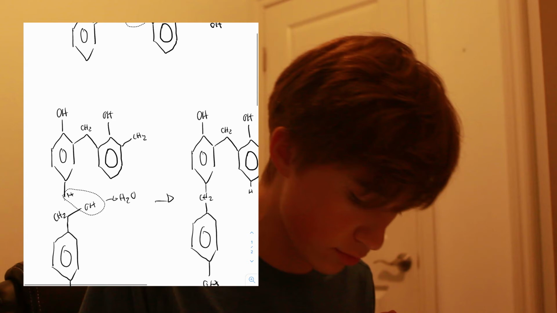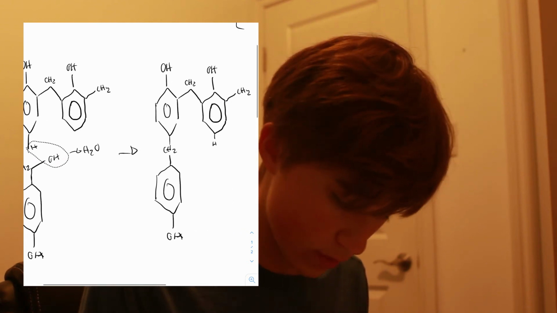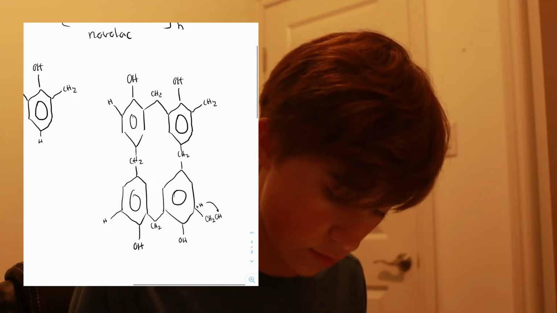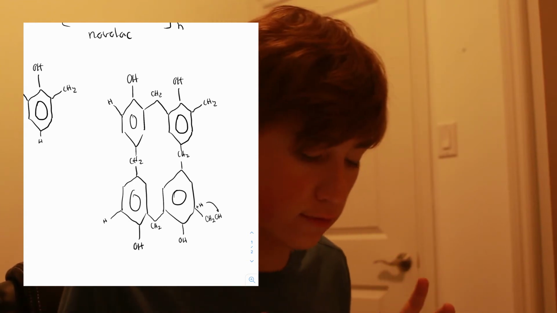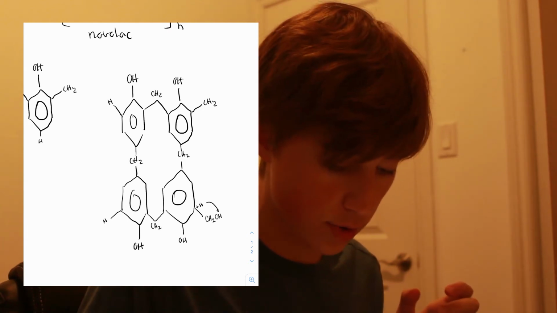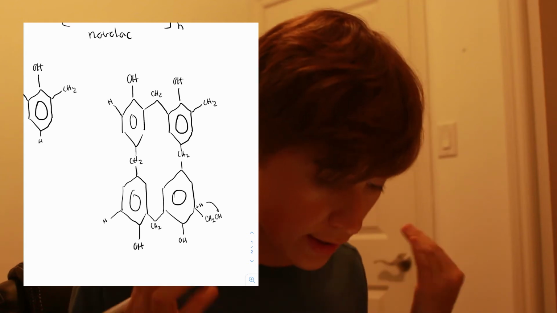It's basically the exact same reaction, but at the bottom, and then it turns into a CH2, and then the same happens over here. And now you've got, I guess, a scaled down version of what Bakelite actually is, because since it's a polymer, this entire thing just goes on forever as long as there's enough phenol and formaldehyde to create it.